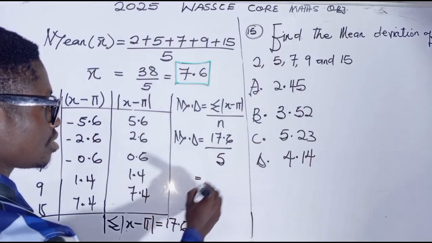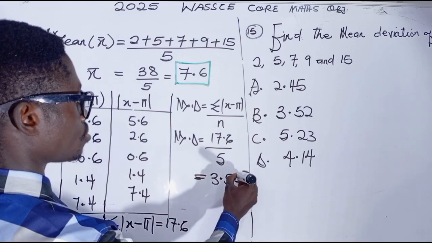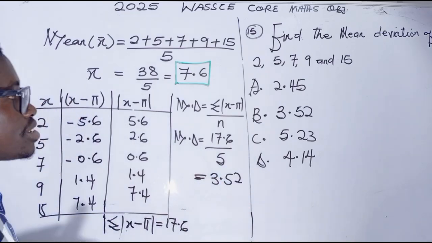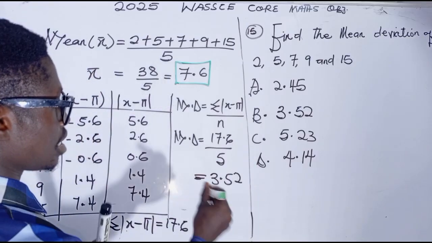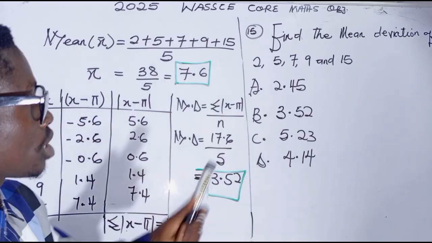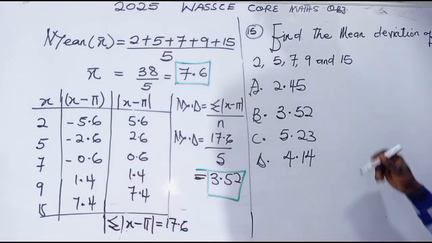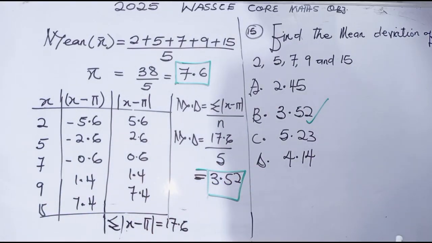When you do your division, you get 3.52. So the mean deviation from this data set is 3.52. Looking through the possible answers, you can see that the correct answer is option B.